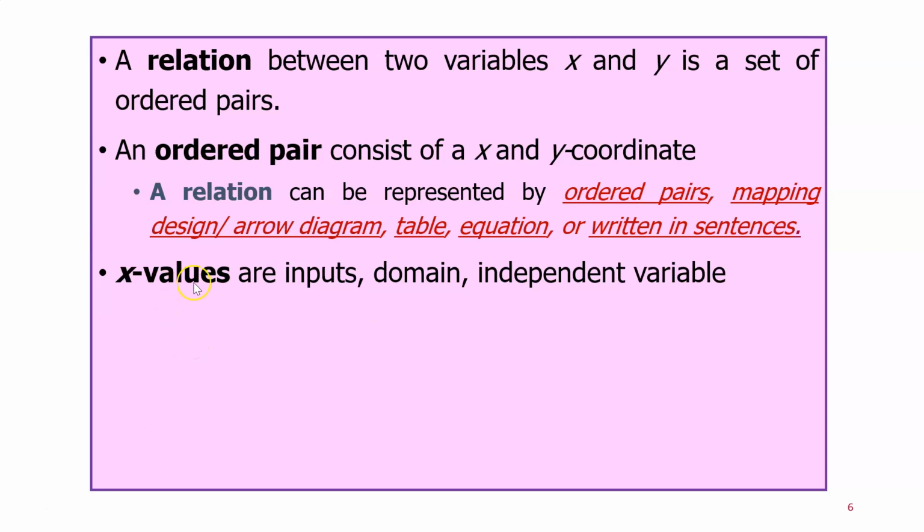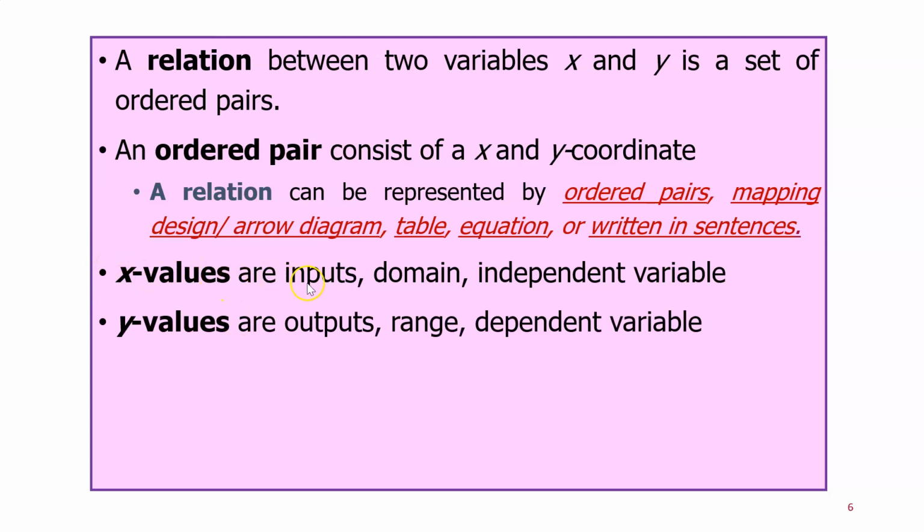So x values, first you need to know what x values are. X values are inputs, domain, and independent variable. Okay. So any of these is your x values. Like I mentioned previously, input is your x value and the output or the range is your y values. Okay. So y values are outputs, range, and dependent variable.